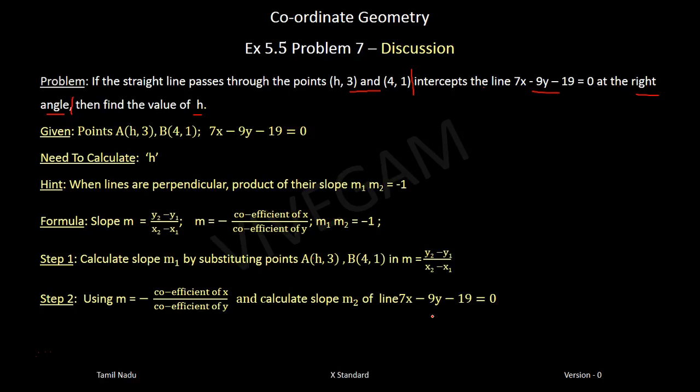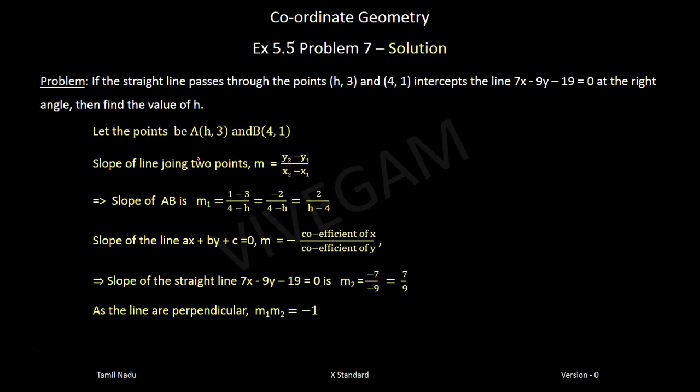Then equate m1 m2 to minus 1 and solve for h. So this is how this problem needs to be worked out. Please pause the video here and try to work this problem on your own, and on completion come back and check your working against our solution.